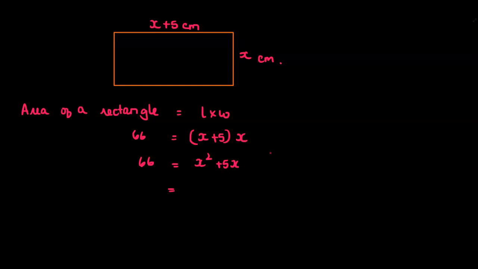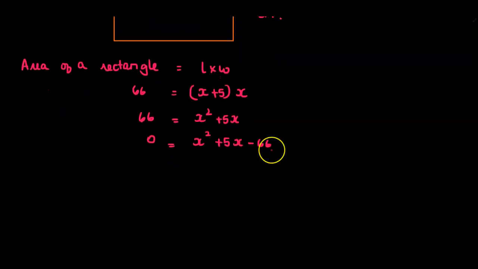Taken across, you're going to get X squared plus 5X minus 66 is equal to 0. The factors of 66 that will give you 5 will be 11 and 6. So it's plus 11X minus 6X minus 66 is equal to 0.